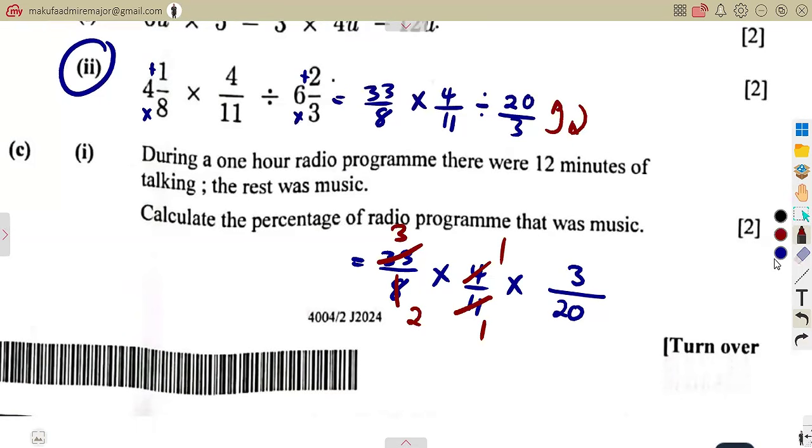It's nothing that you can reduce, just left the relationship to multiply the numerator to the numerator. 3 times 3, which is 9, over 2 times 20, which is 40. So it's going to be 9 over 40 as a fraction. If you're having this as a fraction, that is what you're going to have at the end.